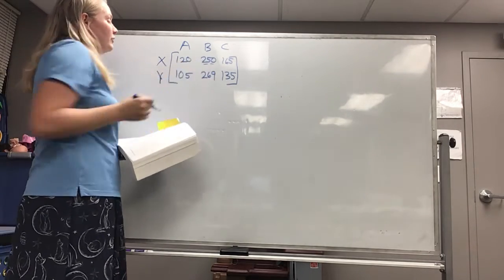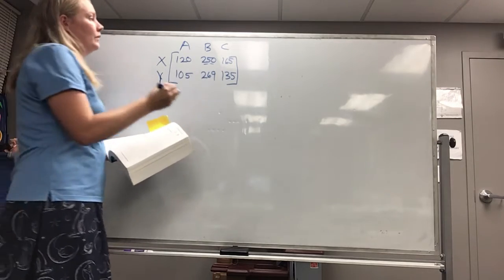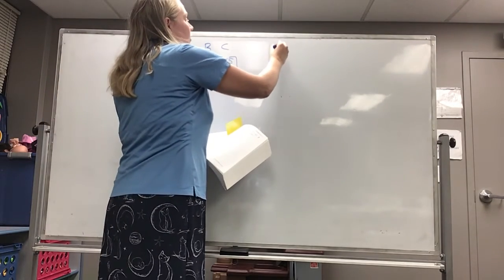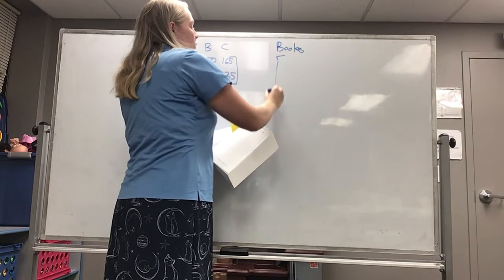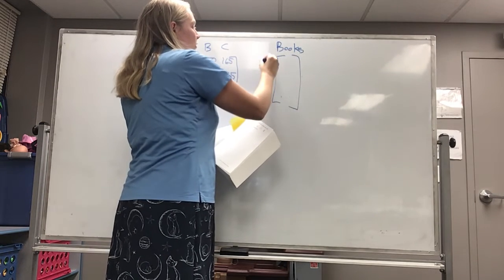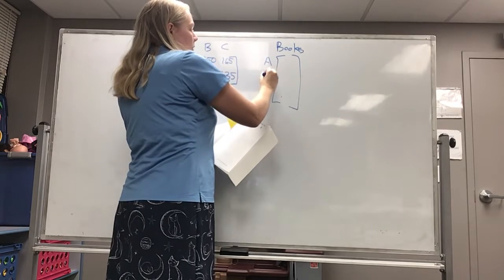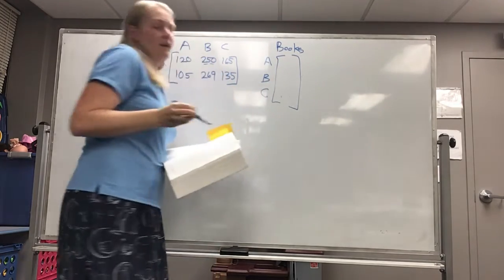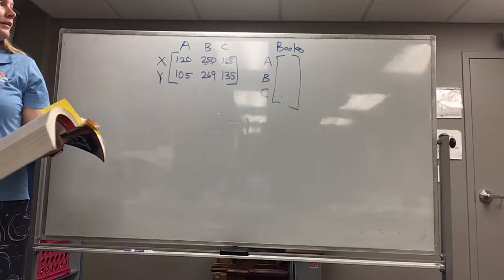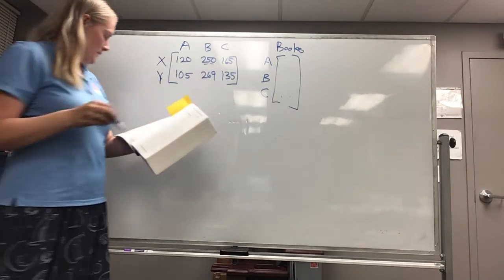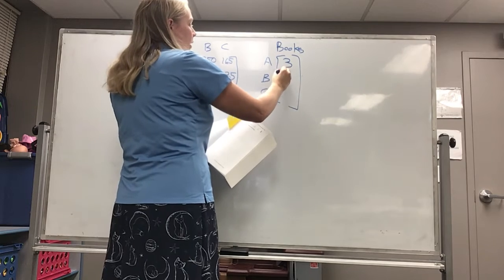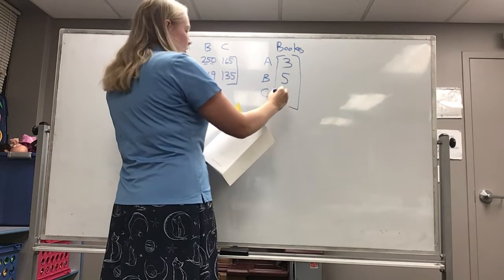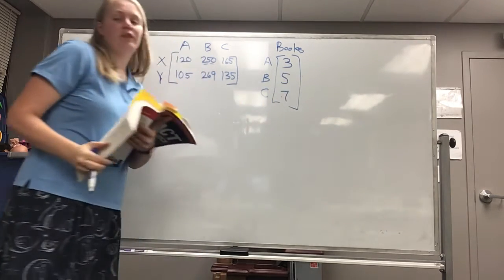So the second matrix they give us are books for the courses A, B, and C. Course A required 3 books, course B required 5 books, course C required 7 books.